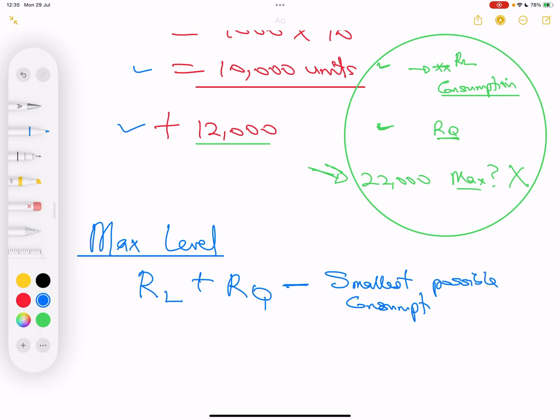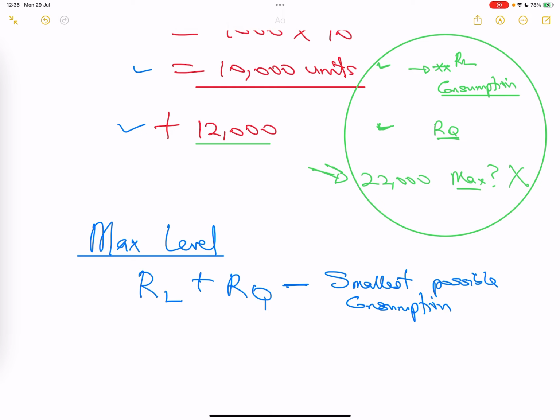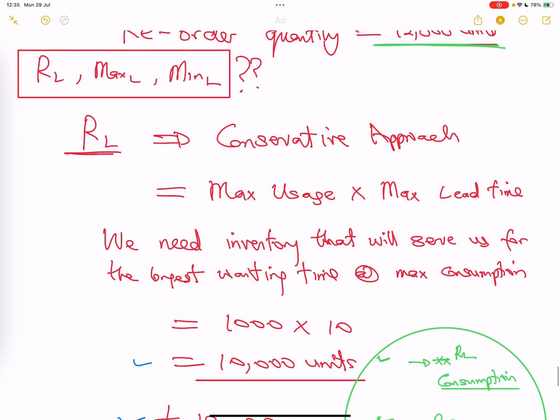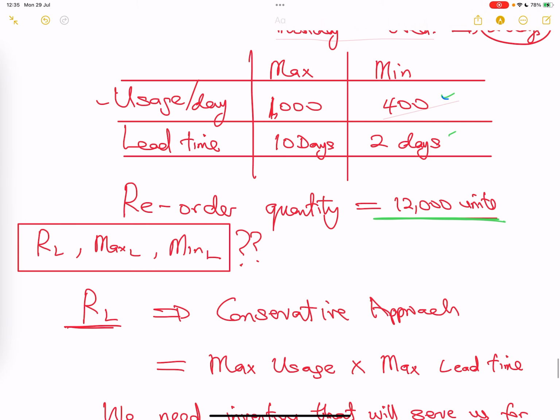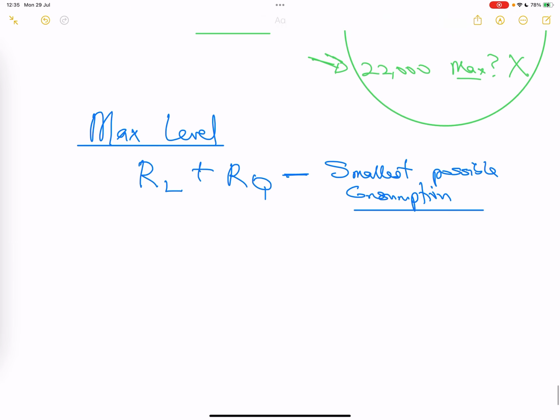I'm breaking it down like this so that you won't have to memorize so many formulas. Once you understand them, remembering those formulas will not be difficult. And what is the smallest possible consumption? That is the smallest amount you are consuming as a company and the shortest time you might need to wait to get another order.